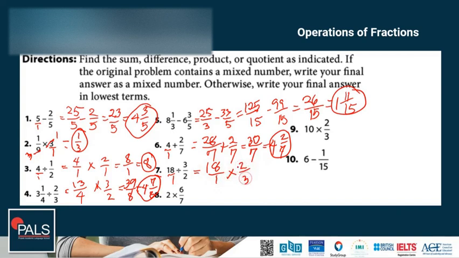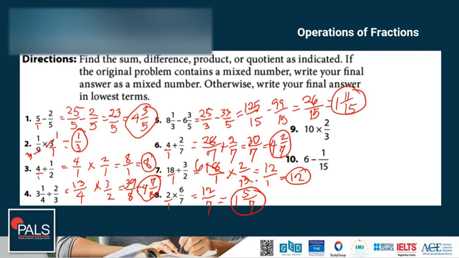Okay, 18 can be simplified by dividing both of them by 3. So 18 divided by 3 is 6. So 6 times 2 is 12 over 1, which is equal to 12. Number 8. Okay, 2 over 1. So 2 times 6 is 12. 1 times 7 is 7, which is equal to 1 and 5 over 7.